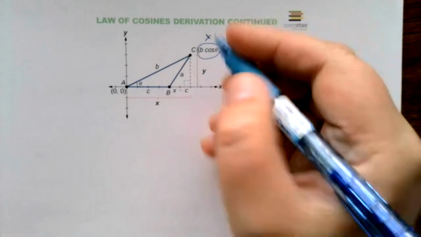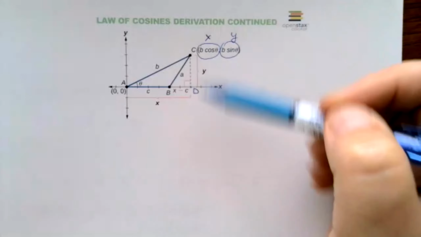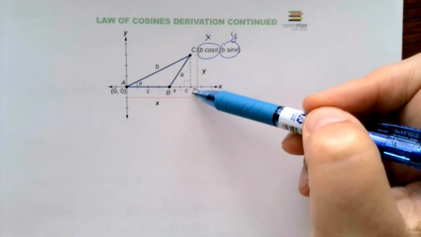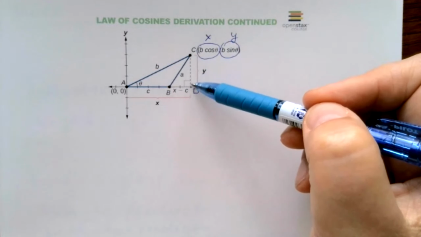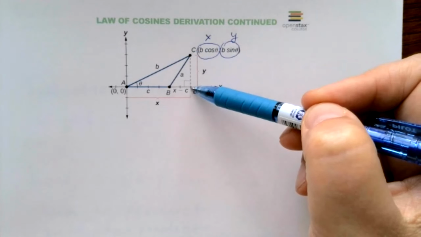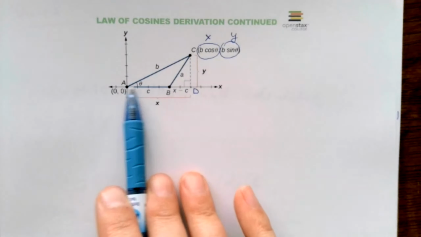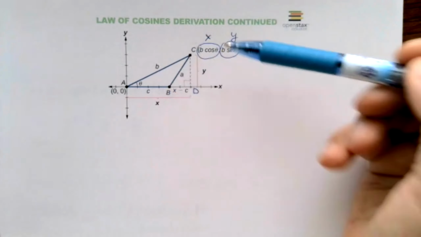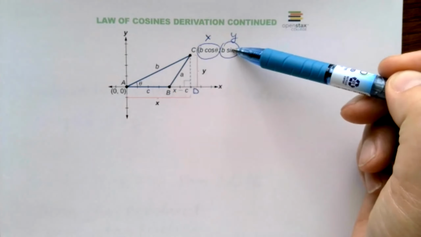Now, we're going to be focusing on this triangle right here. Let's call this point D. So we're focusing on the triangle CBD, and as you can tell, this is a right triangle. We know how to deal with right triangles. This line is perpendicular. Now let's take a look at the length of the sides in this smaller triangle. This side is the same as the y coordinate.